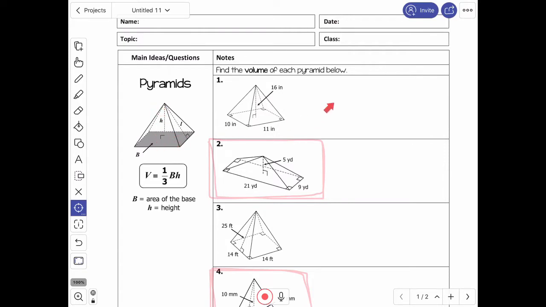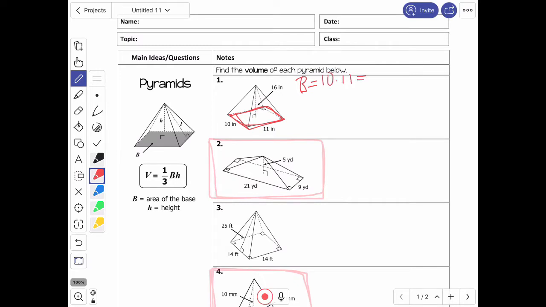Okay, so moving on to number 1, I need my base area. So my base is going to be this, looks like a rectangle below. How I find the base area of that rectangle is I take the length times the width, so 10 times 11, to get a base area of 110. And then I need my height of the pyramid, and my height is actually given to me here with this dotted line that goes from the center of the base to the apex of the pyramid.